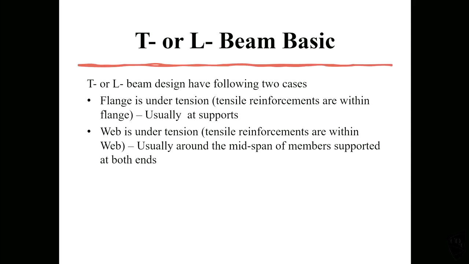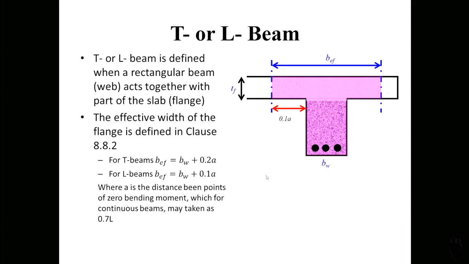Generally we have two cases: flange under tension or web under tension, depending on the bending moment diagram. In the midspan, the bottom part will be under tension. At the support, the top part will be under tension. The support moments are hogging moments, so the top part will be under tension.